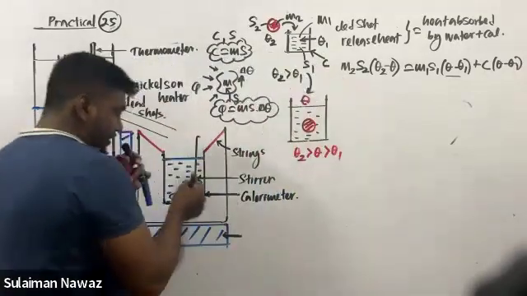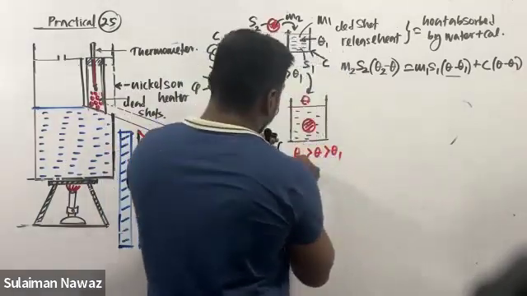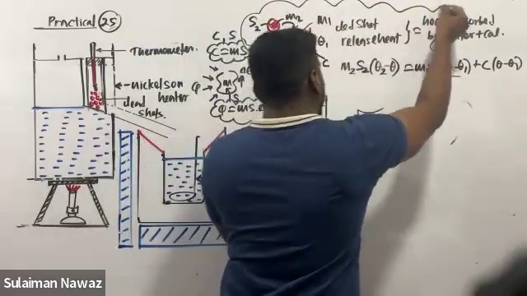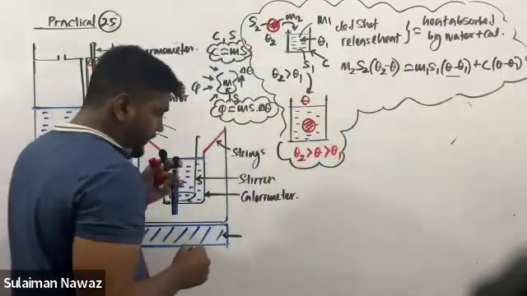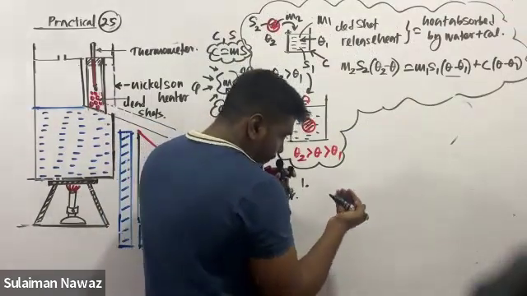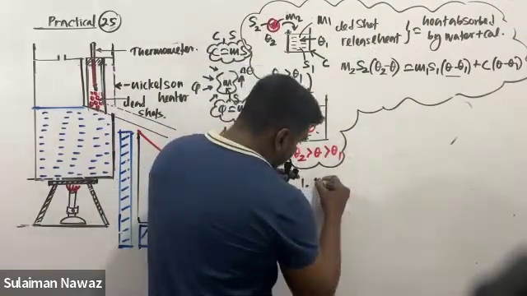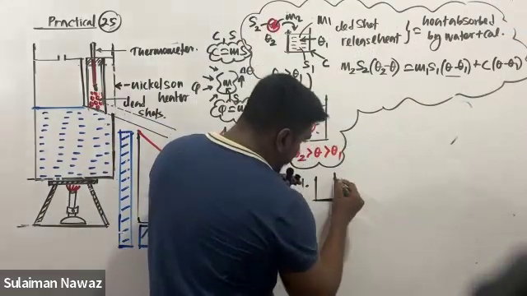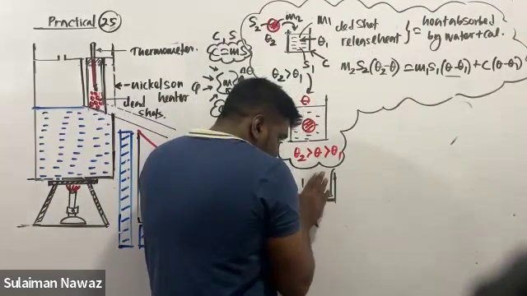First measure the mass of the calorie meter. But normally we put the stirrer also in that empty calorie meter and we measure the mass of the system.